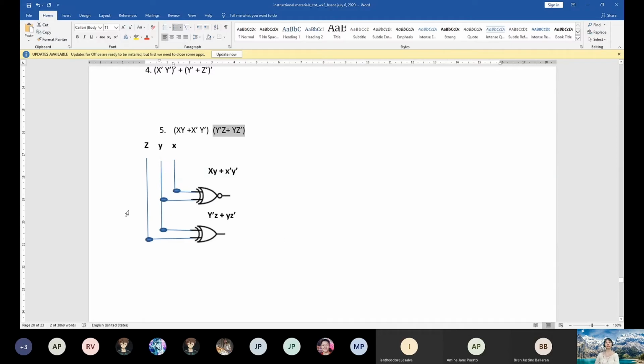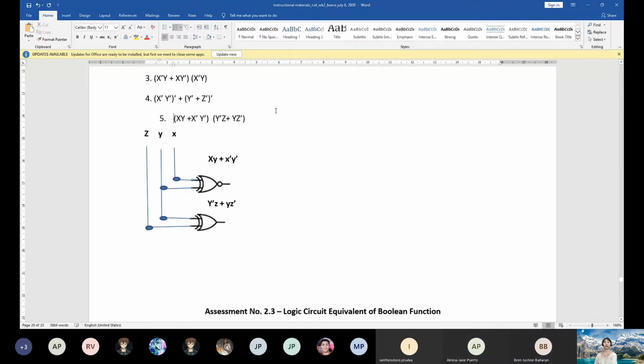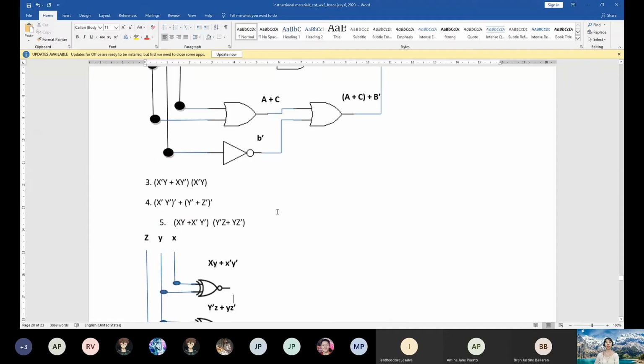So what else? Are we done? No. We still have to use an AND gate to connect term 1 and term 2.